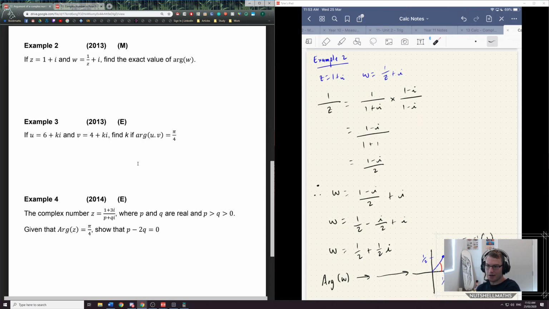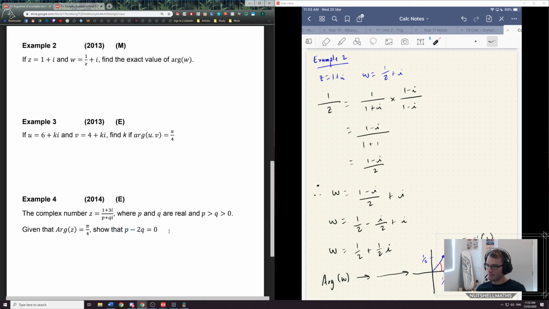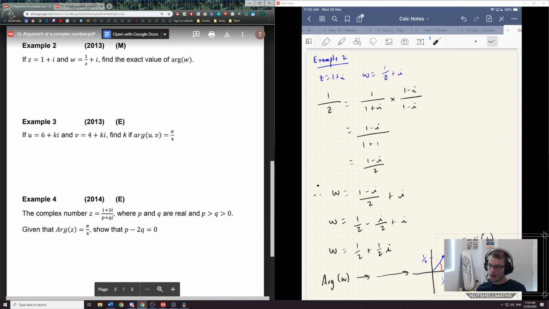How do you know if you did 3 right? You got an answer, Kate? I got an answer. Question 4 is a proof, right? So you'll know when you get it right. Question 3, the answer is 2.